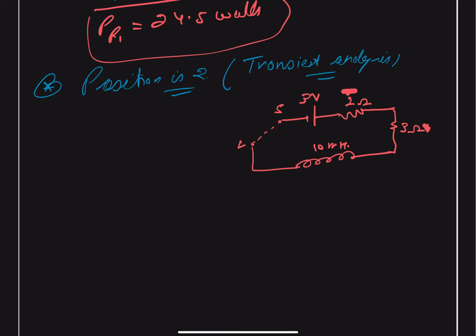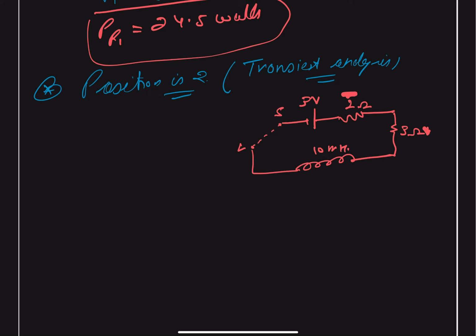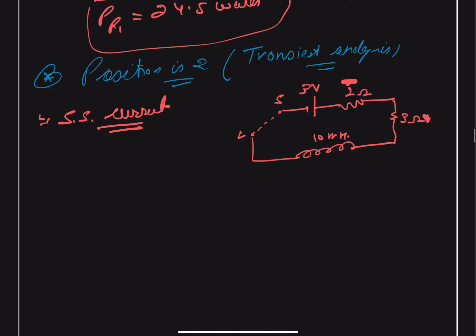So first of all, let us find out the steady state current. At steady state, our inductor will be acting as a short circuit.